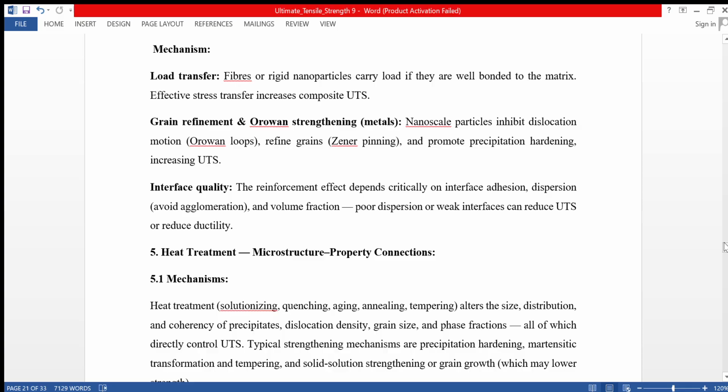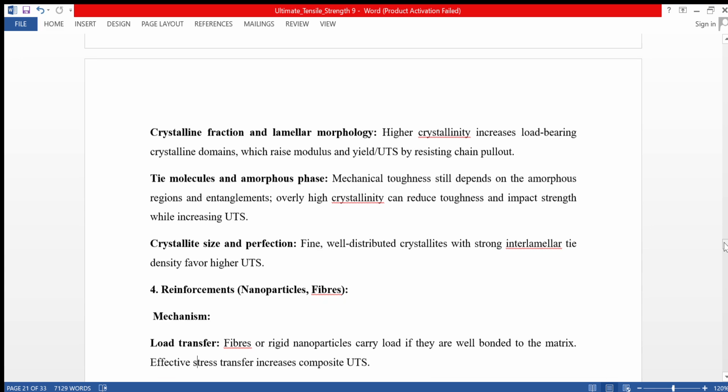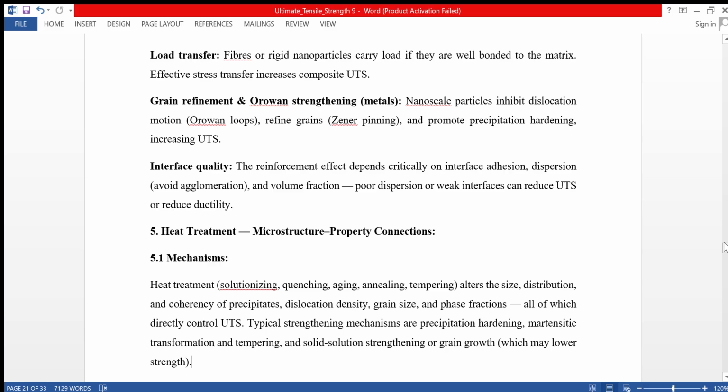Grain refinement and Orowan strengthening: nanoscale particles inhibit dislocation motion, Orowan loops form, and Zener pinning defines grain size and promotes precipitation hardening, increasing UTS. Interface quality: the reinforcement effect depends critically on interface adhesion, dispersion, and volume fraction.